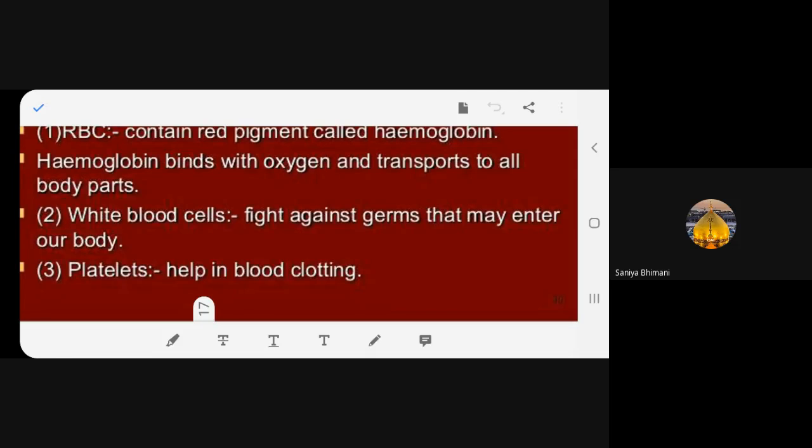Now it depends upon the constitution of my body or your body, how long it takes to clot. Is it clear? So which cell helps in blood clotting? That is blood platelets. Okay.